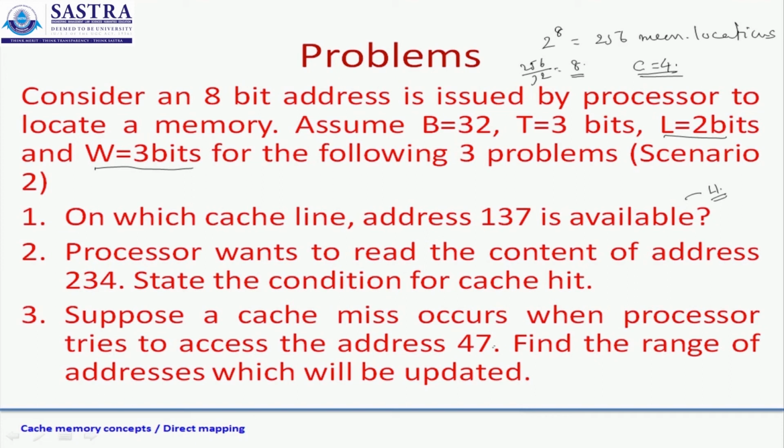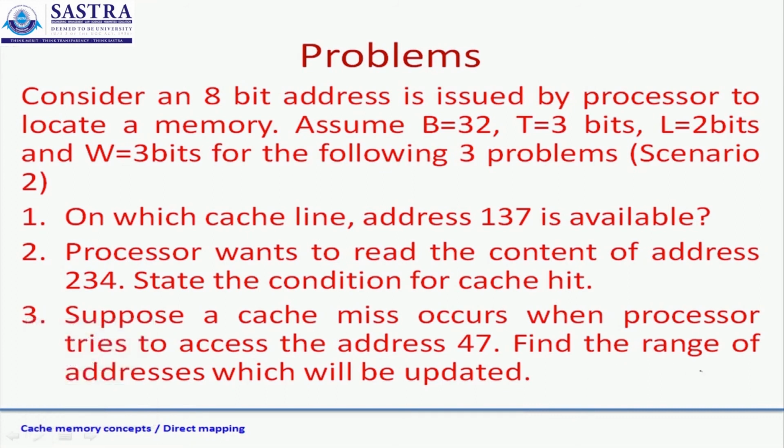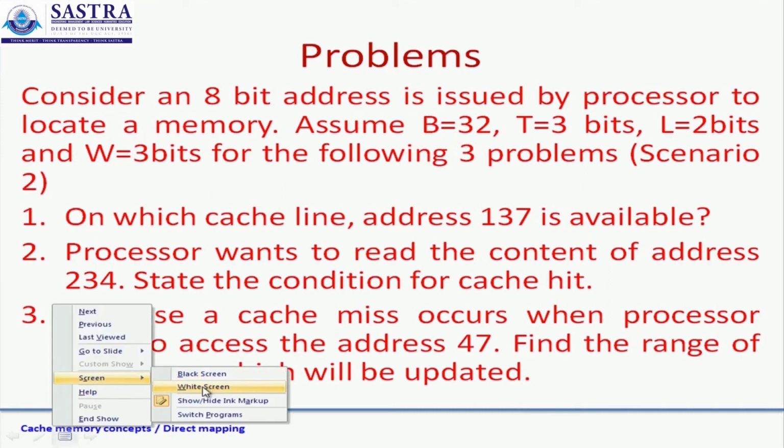We have to write this 47 again in binary. 128, 64, 32, 16, 8, 4, 2, 1. 47 is 32 plus 8 plus 7. This is 47, right?